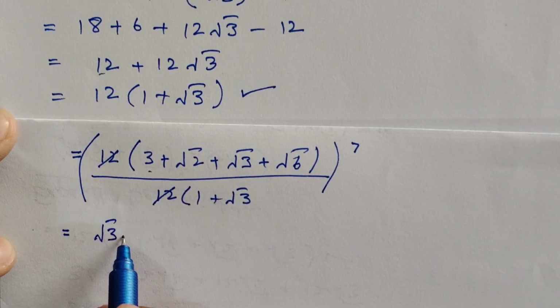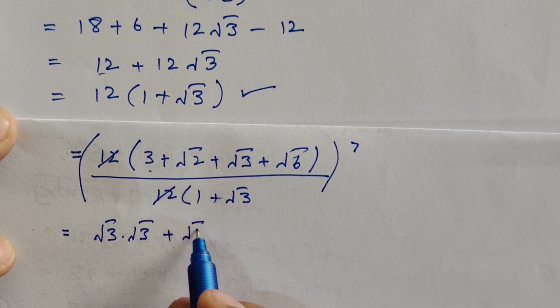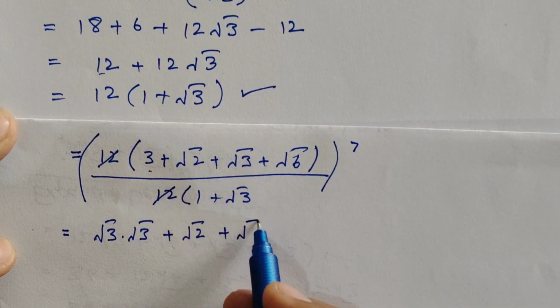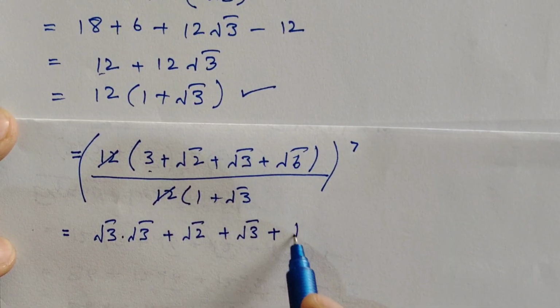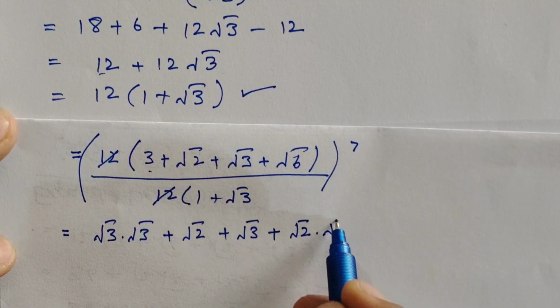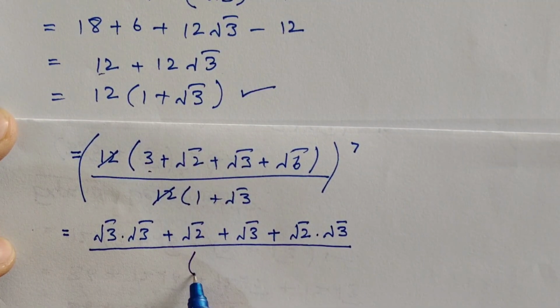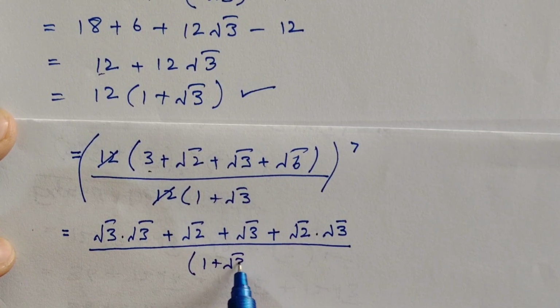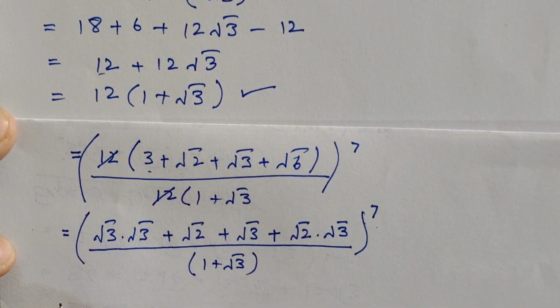3 is equal to square root of 3 into square root of 3 plus square root of 2 plus square root of 3, and square root of 6 is equal to square root of 2 into square root of 3 divided by 1 plus square root of 3 whole power 7.